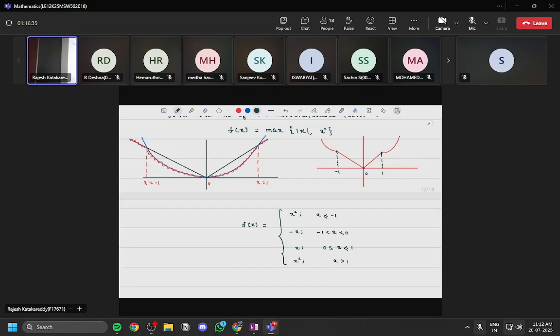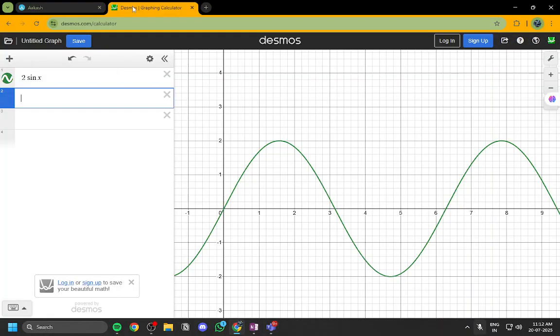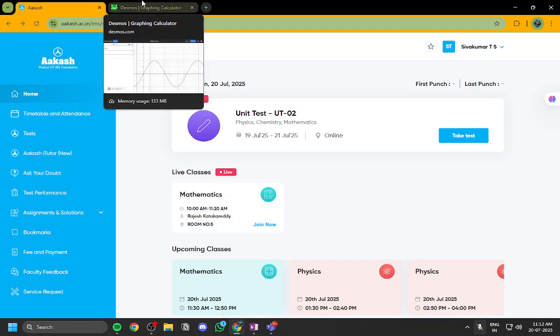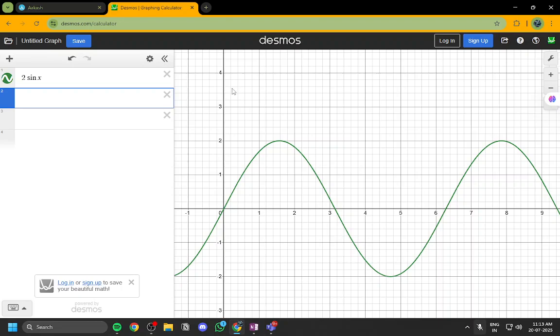No, I'm talking about function value also. Okay, continuous at -1. Now what about 0? Left hand limit at 0 is 0. Right hand limit is 0. Function value is also 0, continuous at 0. What about 1? Left hand limit at 1 is 1. Right hand limit is 1. So continuous, yes. The function is continuous on R.